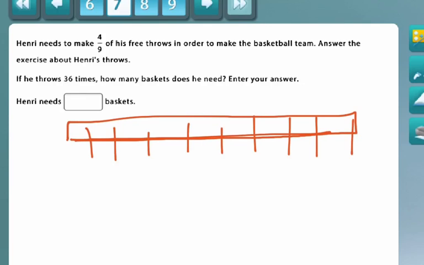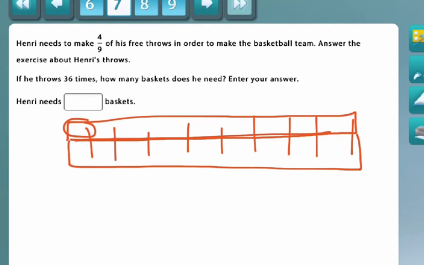Now you're taking that 9/9 and you're converting that into 36. So each part of this right here, this is 1/9. So you're making 1/9 and you are changing that into 36. So how can you take 1/9 and change it into 36 parts?